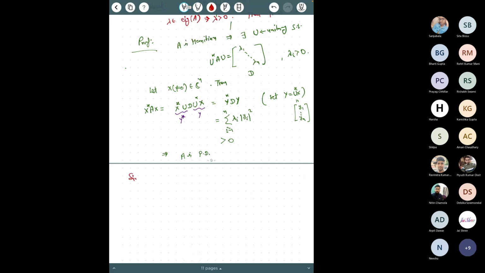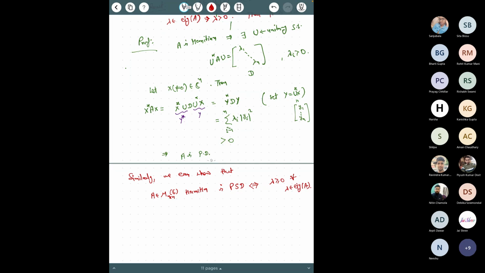Similarly, we can show that an n cross n Hermitian matrix A is positive semi-definite if and only if lambda is greater than or equal to 0 for all eigenvalues lambda. This you can also prove the same way.